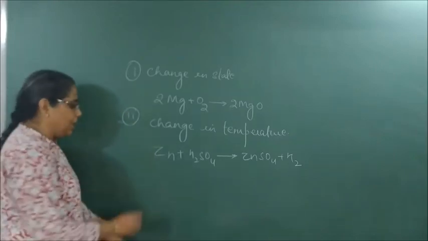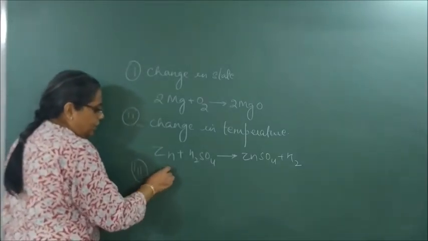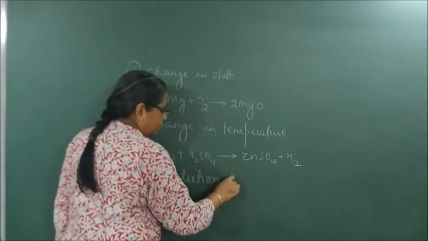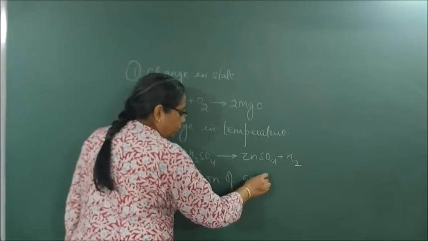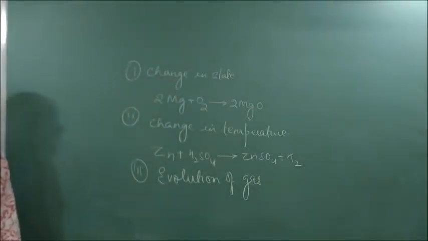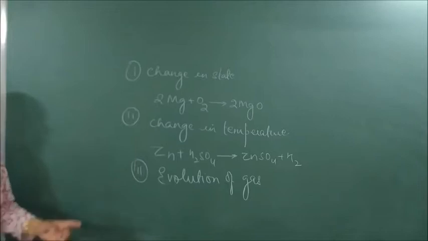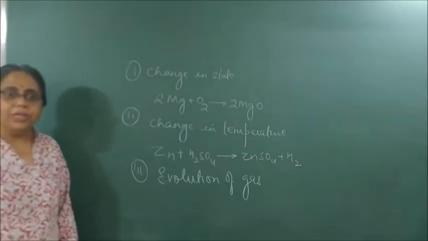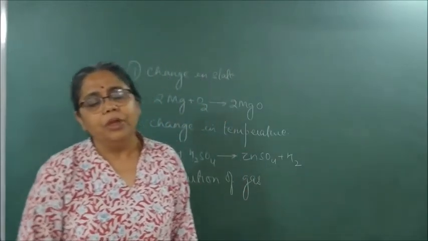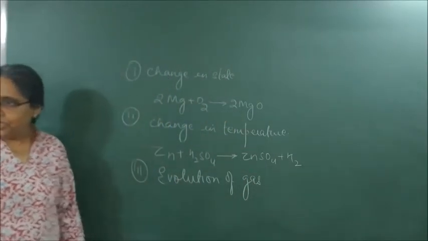The same example can be used for evolution of a gas. If a chemical reaction has taken place and some gas is released, this hydrogen gas can be tested by bringing a burning splinter near the mouth of the test tube, which goes off with a pop sound.